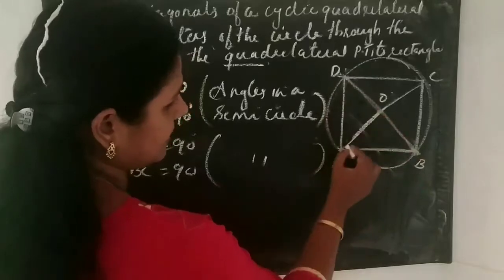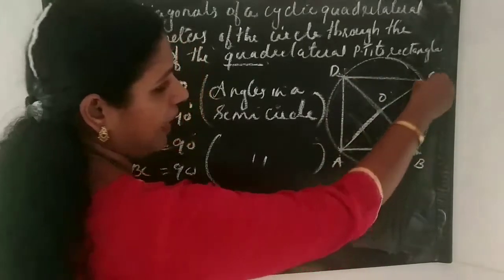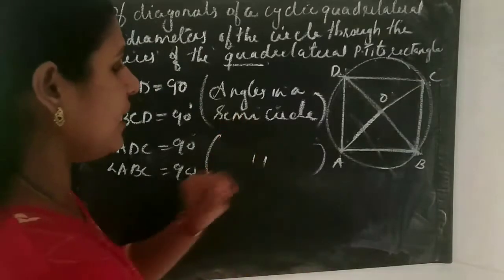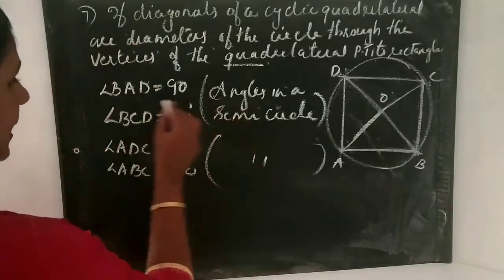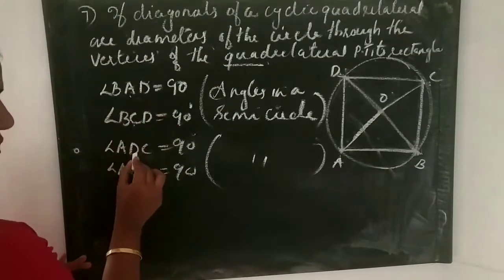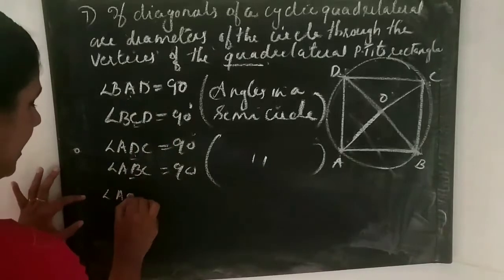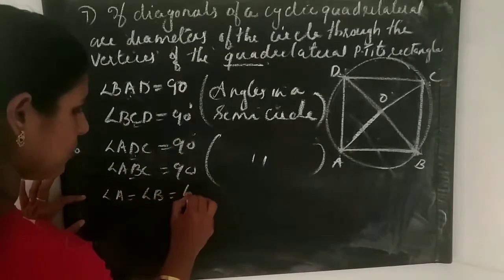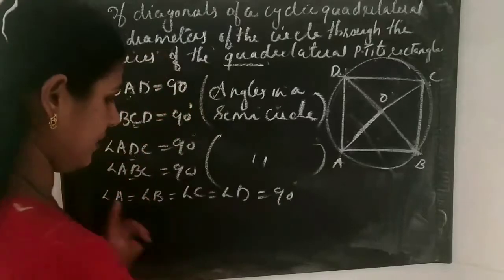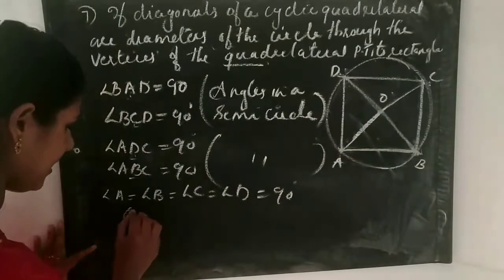Now we get angle A equal to angle B equal to angle C equal to angle D equal to 90 degree. So this quadrilateral ABCD is a rectangle.